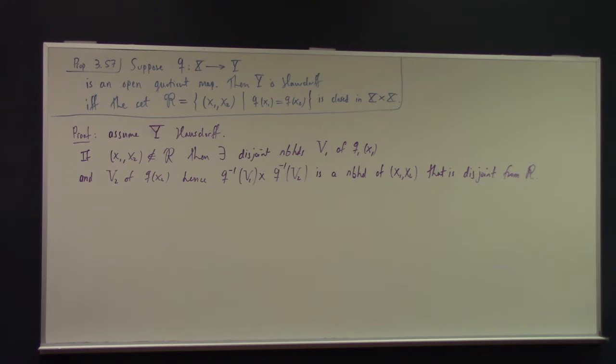So if (x1, x2) is not an element of R, that means Q(x1) is not equal to Q(x2), right? Those are two distinct points in Y. If Y is Hausdorff, then of course there exist neighborhoods which separate the points.